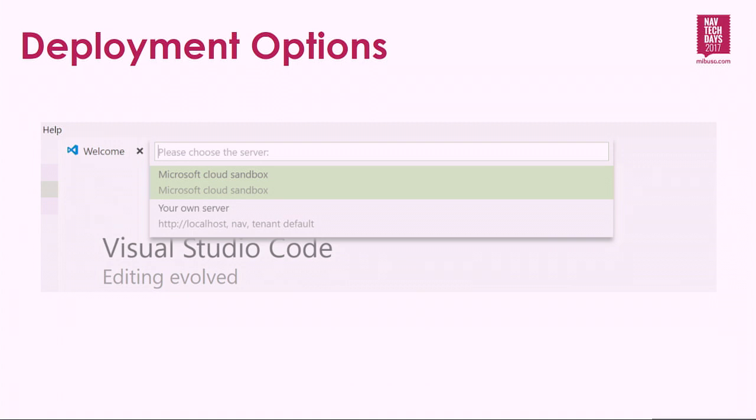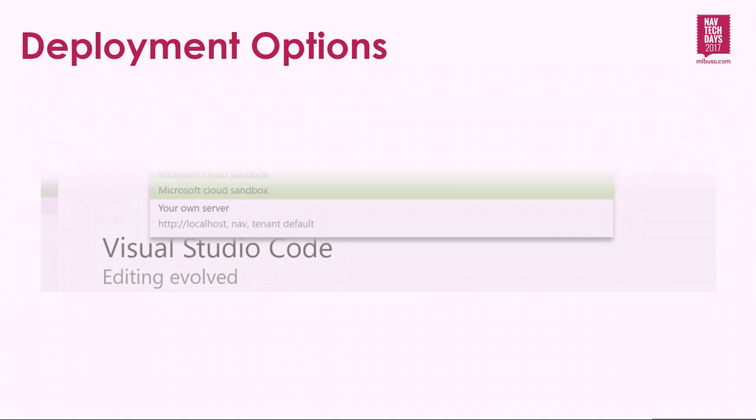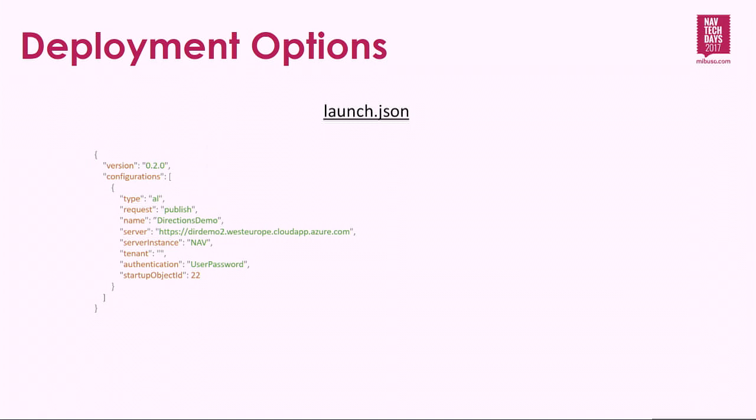And basically the other one could be named all other configurations, because if you are connecting to a server that you are managing, either if you have put it in a cloud in a container or you have it locally, it's the other option. And it's, as Jesper also mentioned, controlled by the launch.json file.